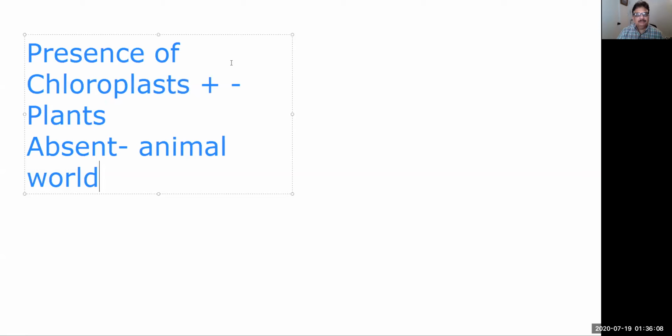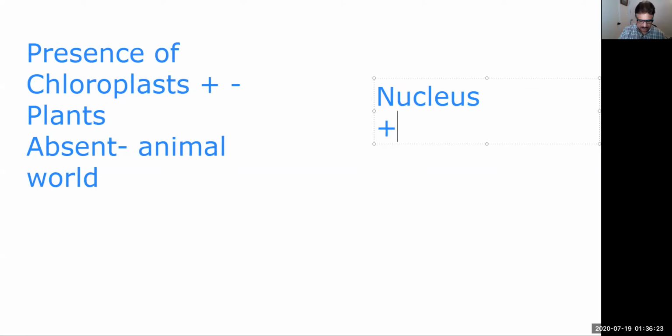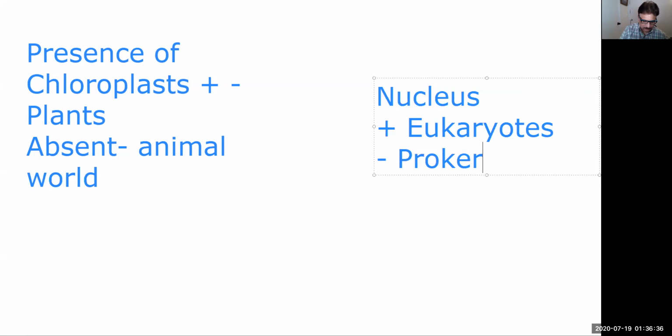The third way organisms could be divided is on the basis of presence or absence of nucleus. In organisms where nucleus is present, they are referred to as eukaryotes. And organisms where nucleus is absent, prokaryotes.